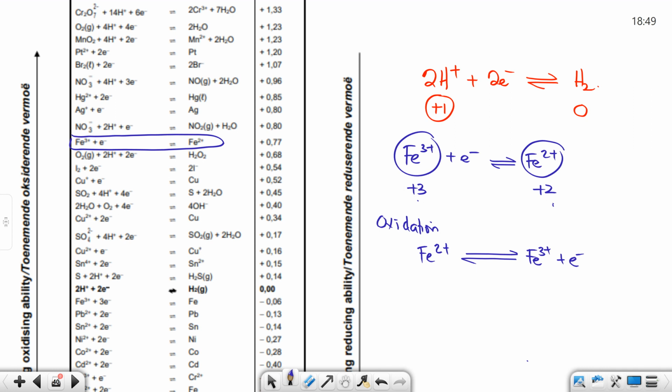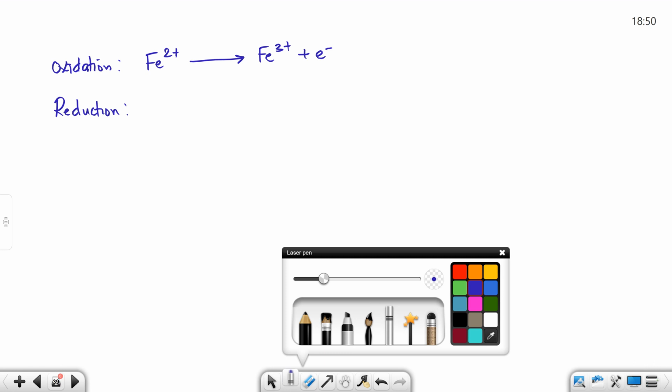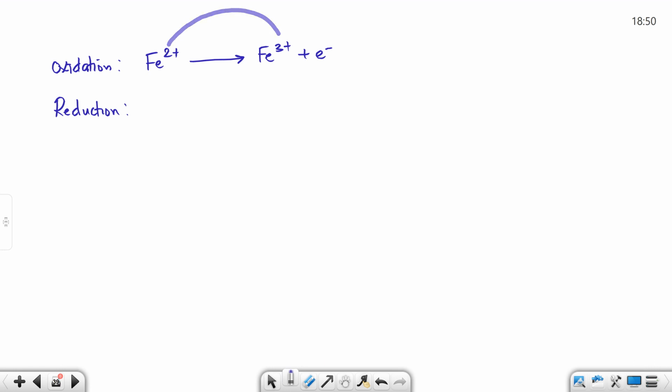Positive 2 to positive what? 3. The electron must go with the other one. So what do we have? Fe2+. And when you write, we don't need to write 2 arrows anymore. It is Fe3+ plus e-. You can see it's obeying what we said, oxidized from 2 to 3.